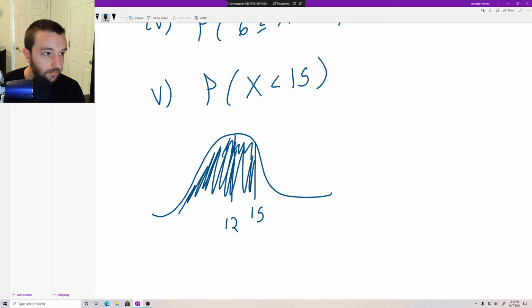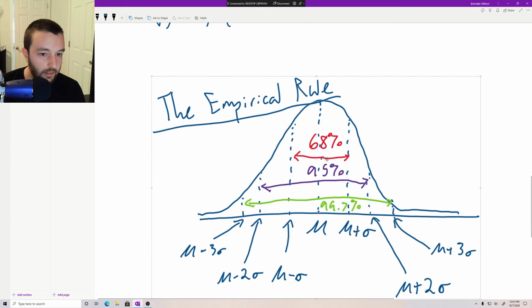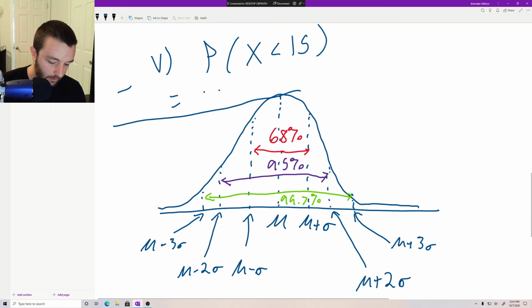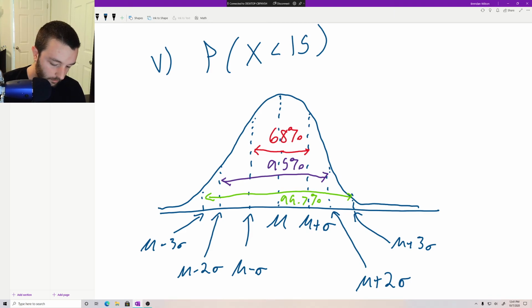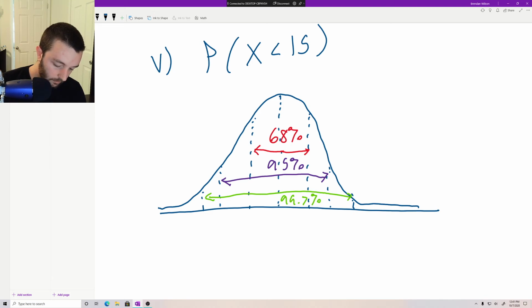Here, let me get rid of this and just paste that picture again. Okay. We don't need all of this. And here, I'll replace these with some actual numbers. So our mean is 12.